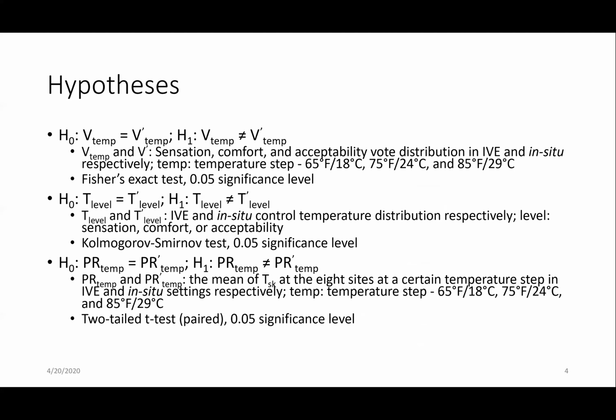And here are the three hypotheses that we're testing. The first is, of course, we want to know the sensation vote, comfort vote, and acceptability vote between IVE and in situ at the three different steps. The second is the perceived temperature, that is, what the participant perceives around that person.